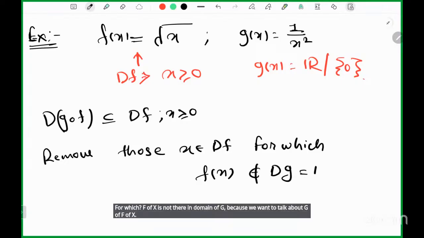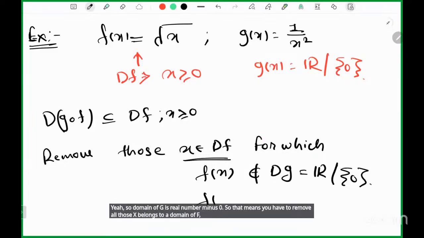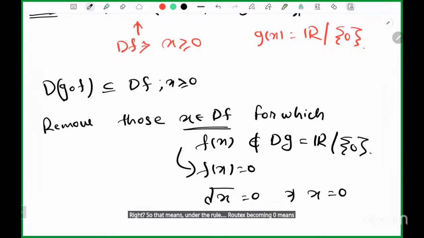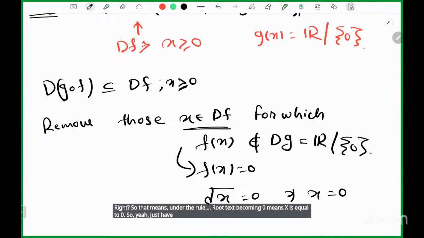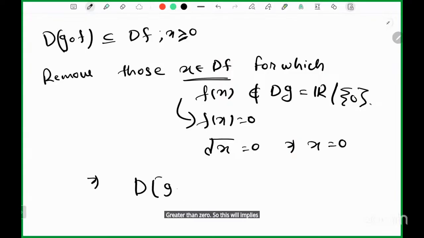The domain of g is real numbers minus 0, so you have to remove all those x for which f of x is becoming 0. Since root x is 0 means x equals 0, you just have to remove the equal-to-0 point. So the domain of g composition f is x strictly greater than 0.